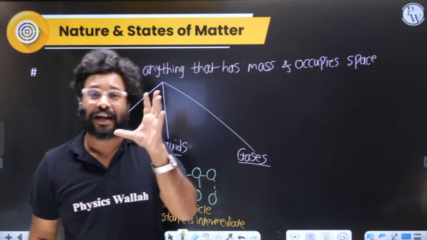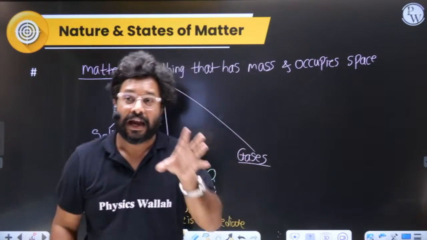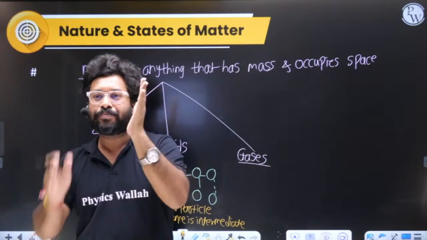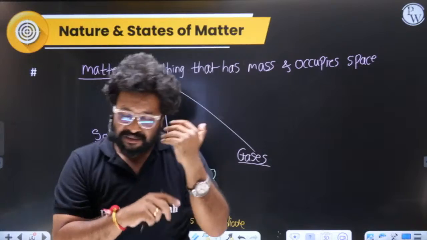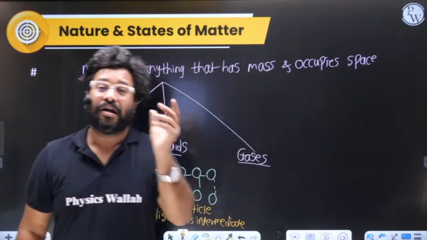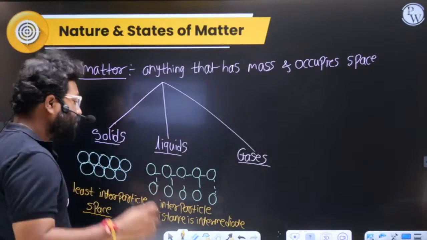Liquid has definite volume, but it does not have a definite shape. Liquid occupies the shape of the container. Whatever your container is, liquid takes its shape, but it does have a definite volume.